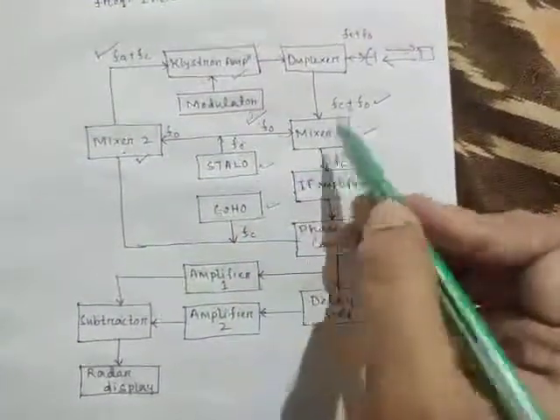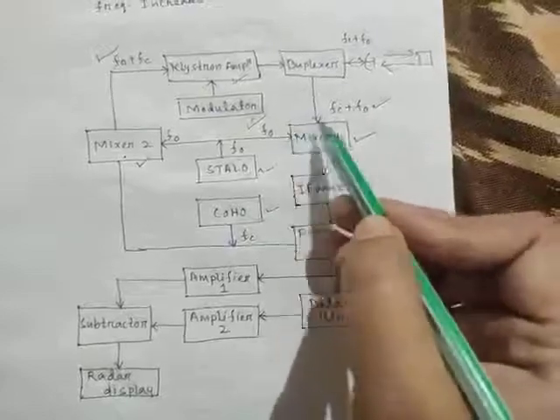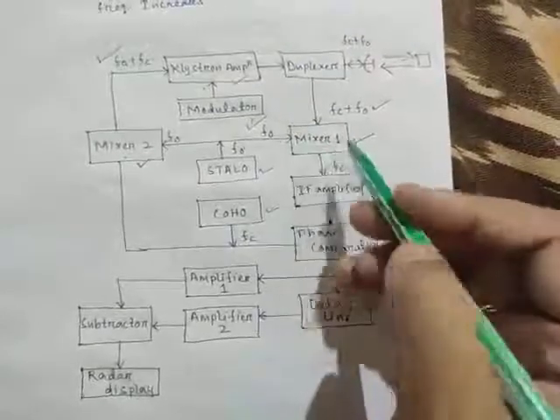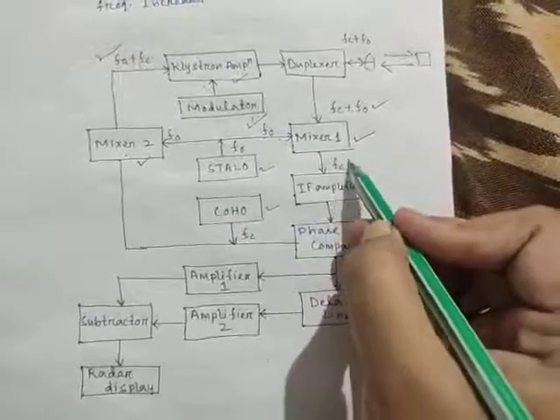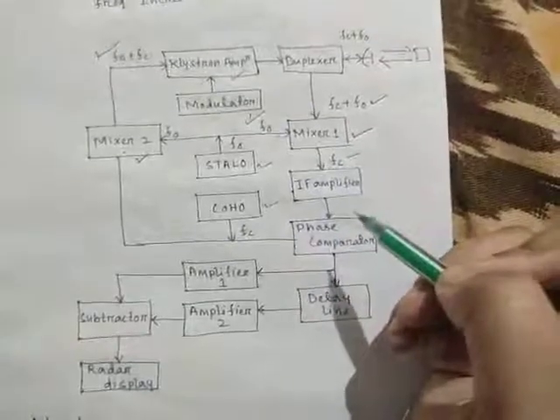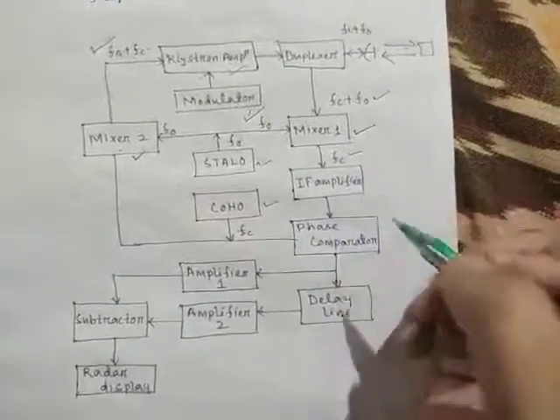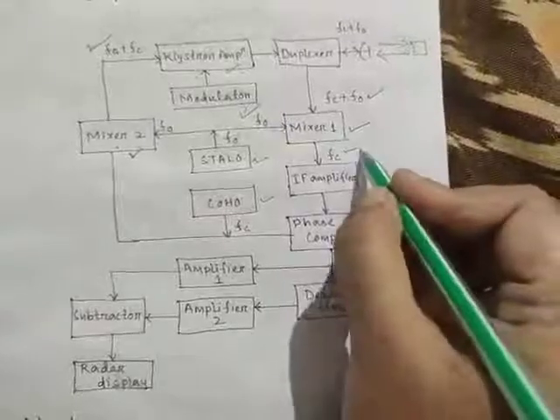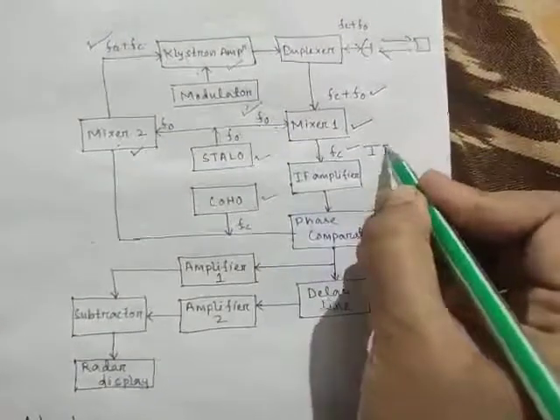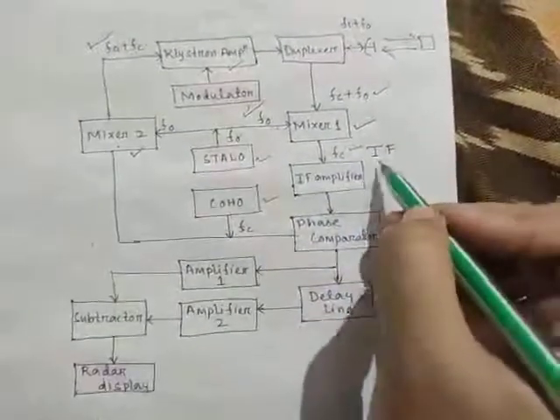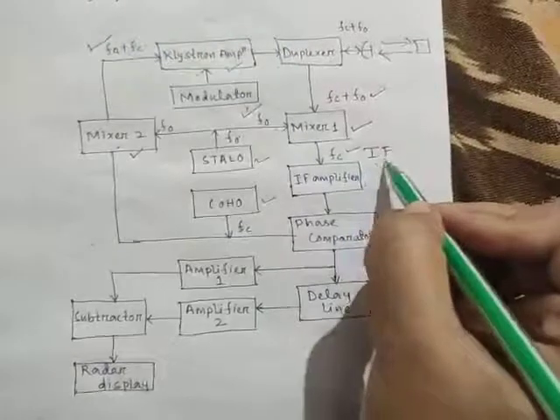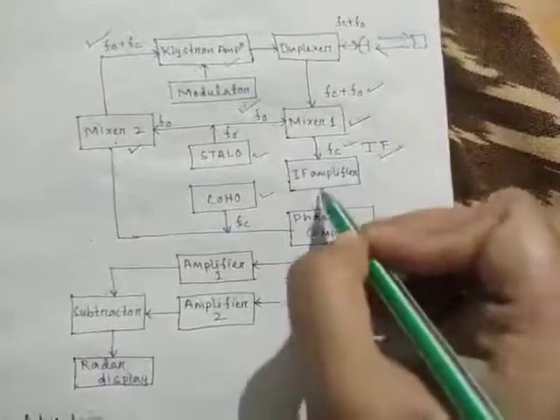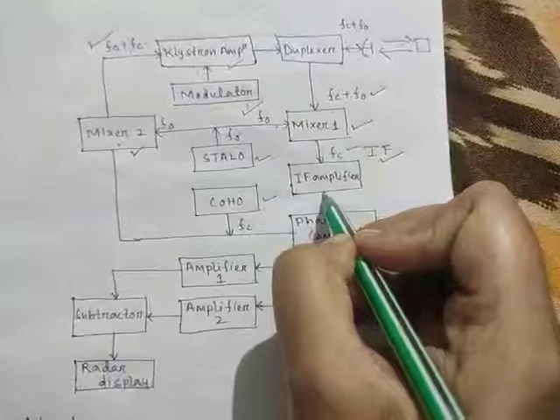Here both inputs are compared and the difference signal is given at the output of mixer 1. That difference signal is known as intermediate frequency. The amplifier used to amplify this signal is known as the IF amplifier.